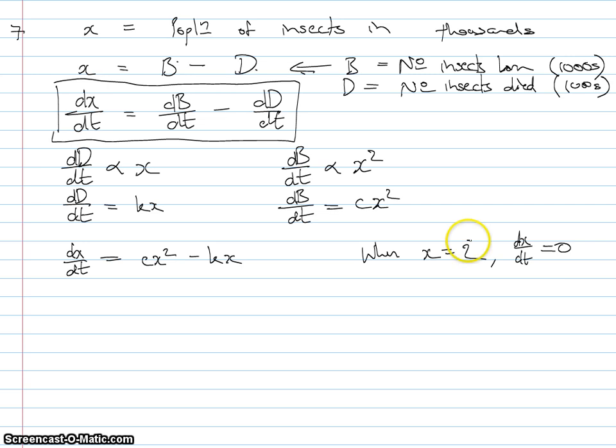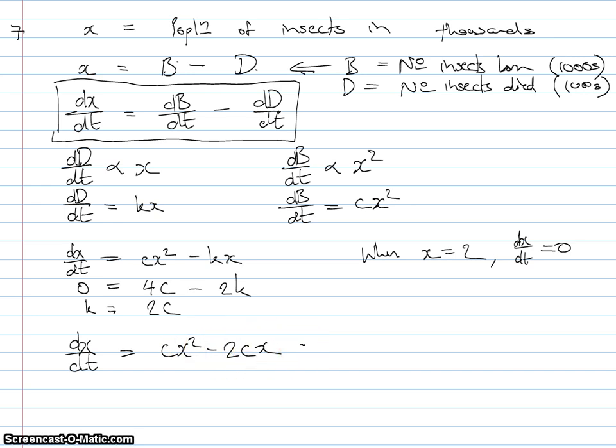So we can substitute this in to change our two constants into just one constant. In this case, 0 is equal to 4, or 2 squared, times c minus 2k, and that gives us k is equal to 2c. So I know dx by dt is going to be cx squared minus 2cx.